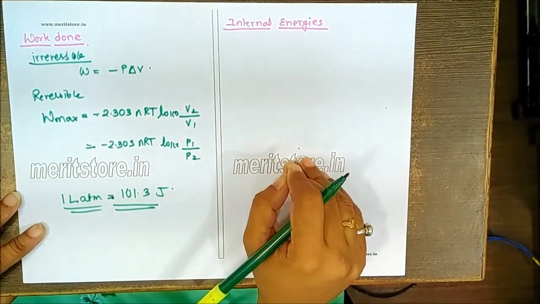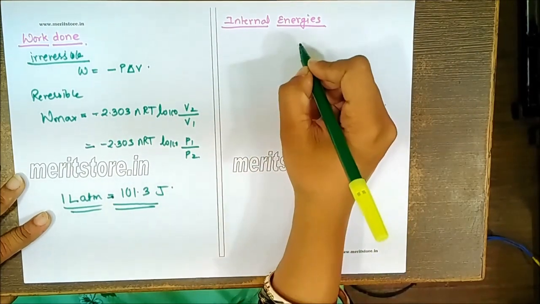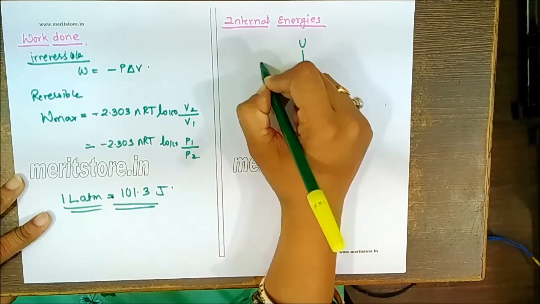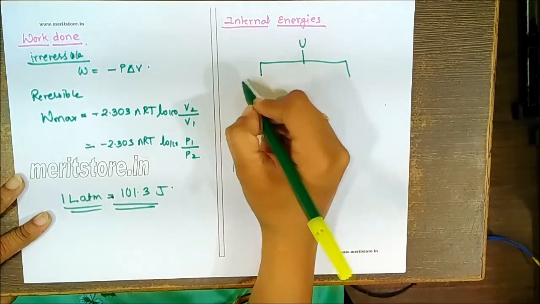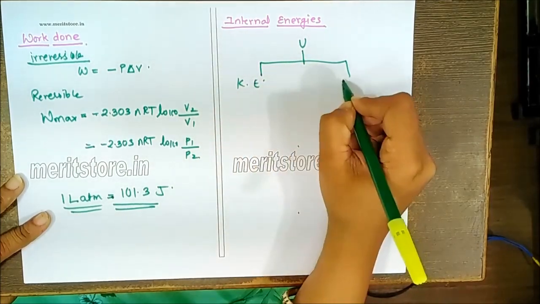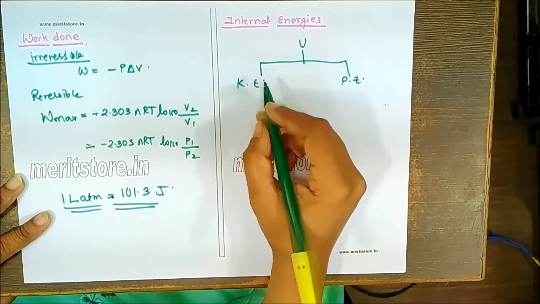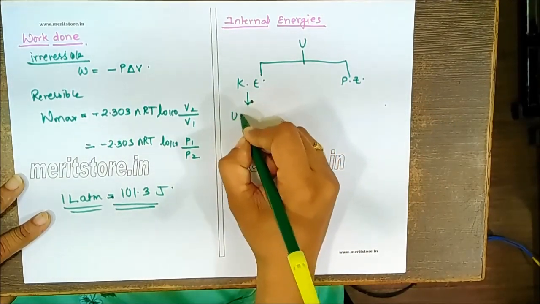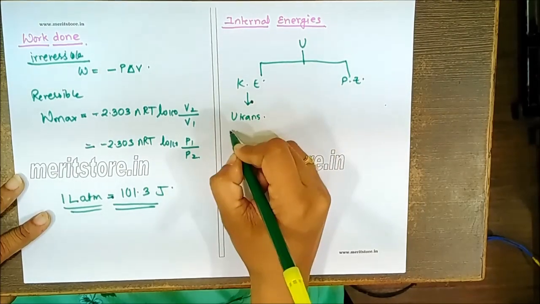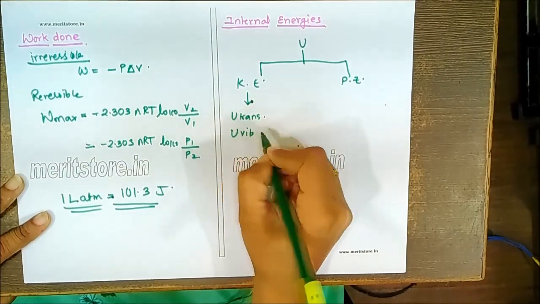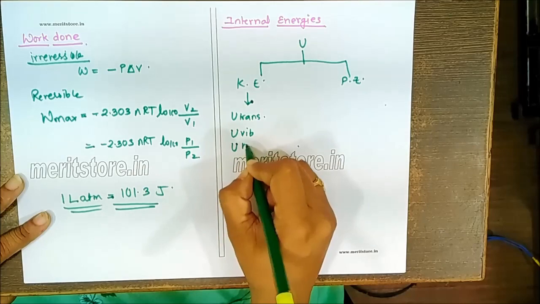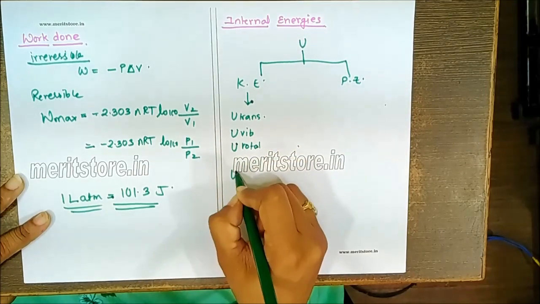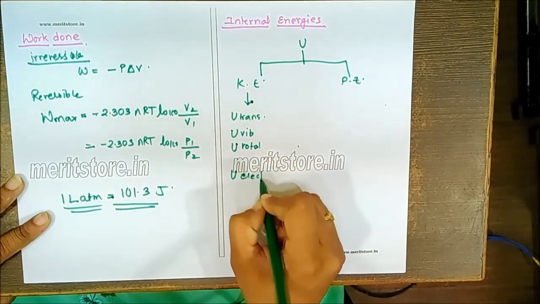Next is internal energy. Internal energy, denoted by U, actually consists of two types of energy: one is the kinetic energy and one is the potential energy. The kinetic energy consists of translational, vibrational, rotational, and electronic energy.